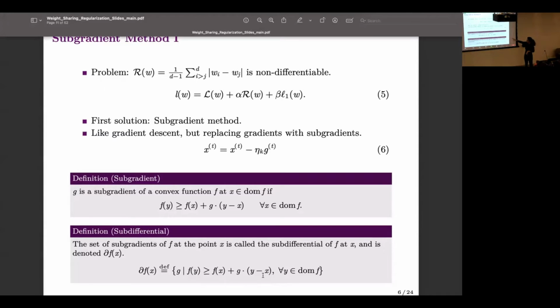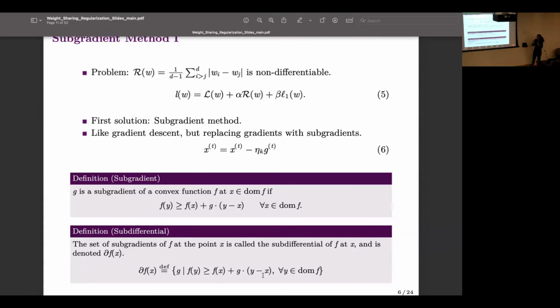So the subgradient definition is this. Let me quickly draw the famous and easy example of a subgradient, which is the absolute value. The absolute value has gradients in this region: in this region it is -1, in this region 1. But here is the point of non-differentiability. What people do is draw convex lower bounds and accept all of these lines as subgradients.